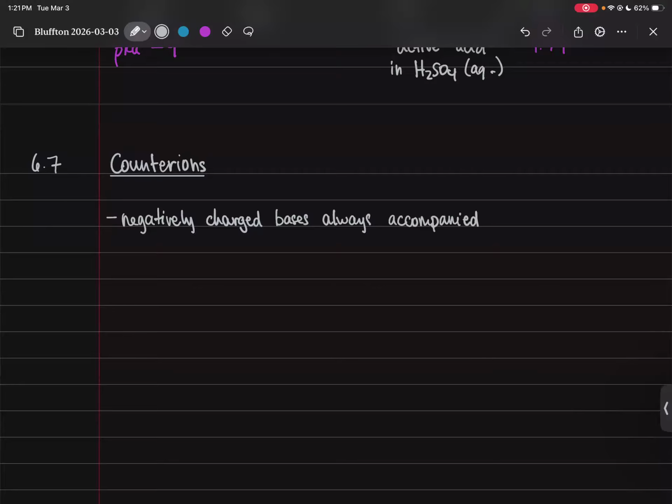So these negatively charged bases that are floating around always have associated with them, whether we draw it or not, a cation, right? An anion has to have a cation. And so this is going to be called, you probably remember it being called a spectator ion. In organic, we usually call it a counter ion, but neither term is wrong.